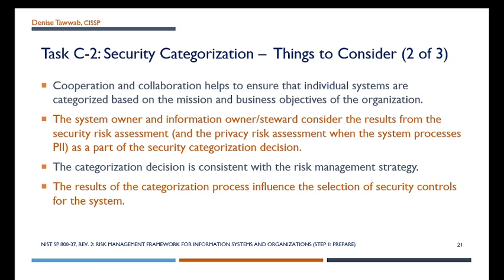The system owner and the information owner will consider the results from the security risk assessment and the privacy risk assessment for systems that process PII as part of the categorization decision. The decision is going to be consistent with the organization's risk management strategy, and the results of the categorization process will influence the security controls that are selected for that system.